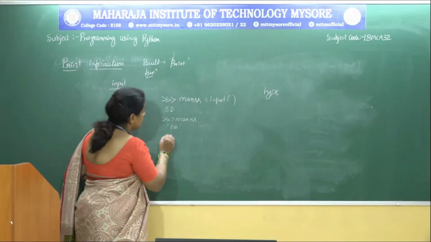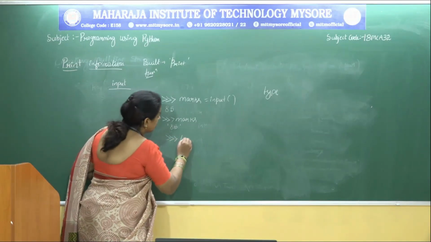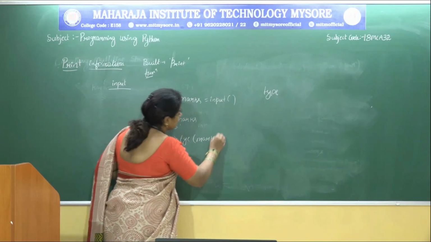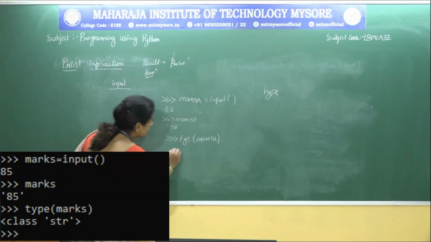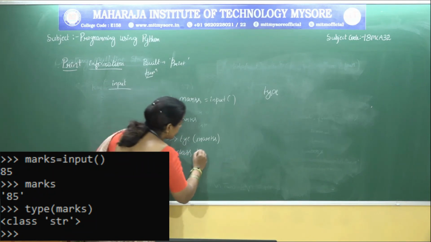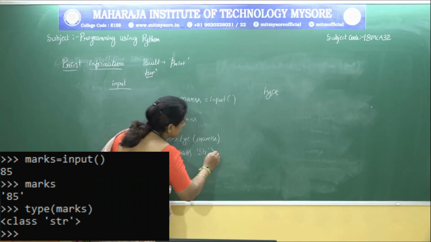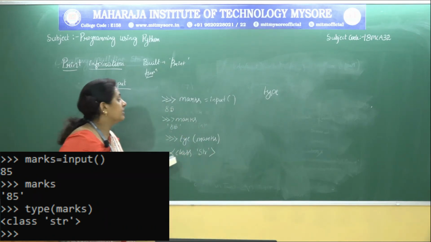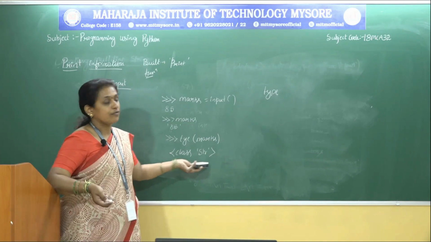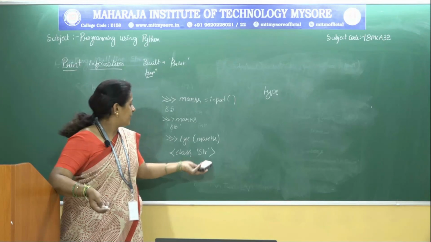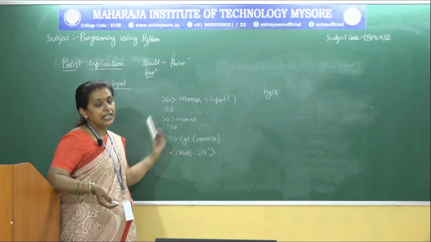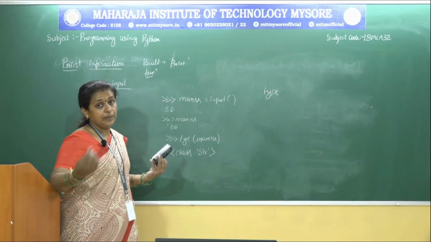So I am executing the type function: type(marks). After executing this, it shows class str, that is string. In Python everything is object oriented, so it tells that the class is of type string.